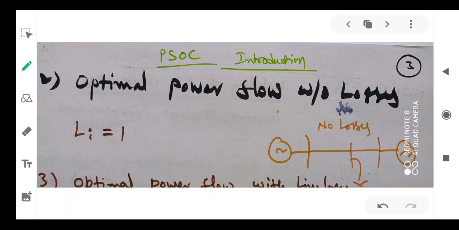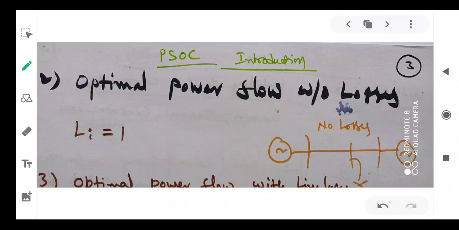In practice, it may not be 0, so theoretically at least it is 0, in which Li equal to 1, that is the penalty factor, there is no penalty. So we will discuss the penalty factor in the subsequent discussions or videos.